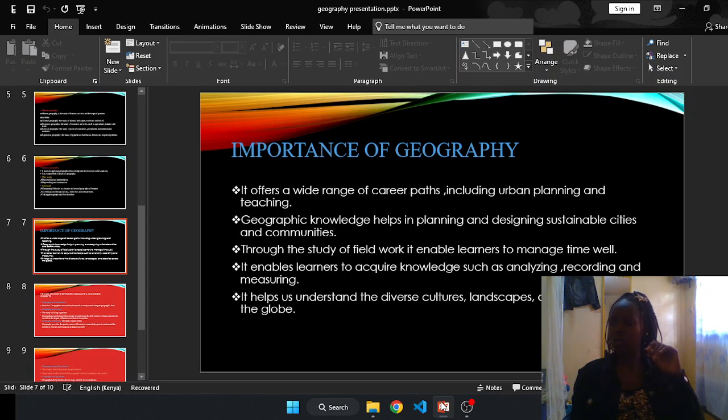Sometimes you end up using maps, which are used to identify potential problems such as in areas prone to natural disaster or resource scarcity. Wow, I get it.